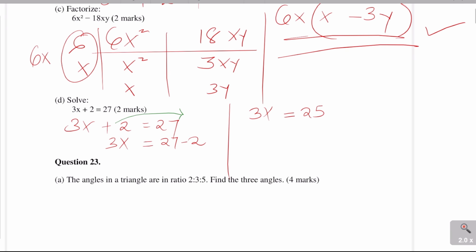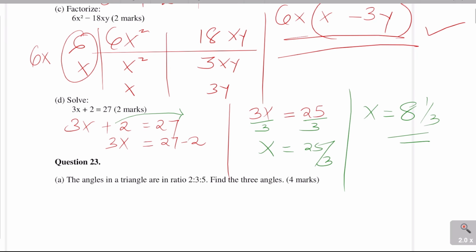Then from there, divide both sides by 3. So x will be 25 divided by 3. And 25 divided by 3 will be 8 and 1 over 3. Simple as that.